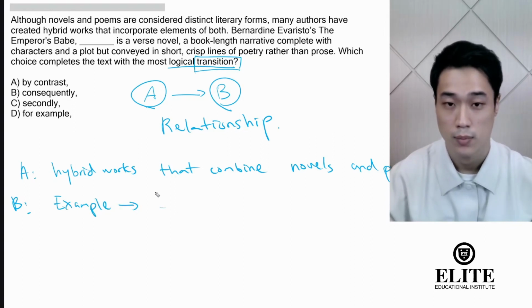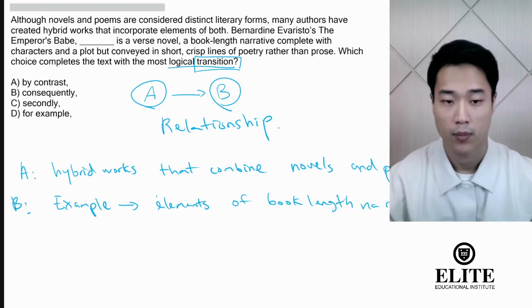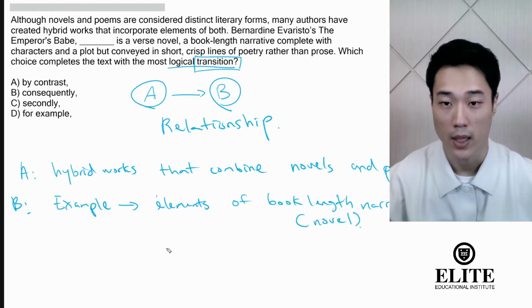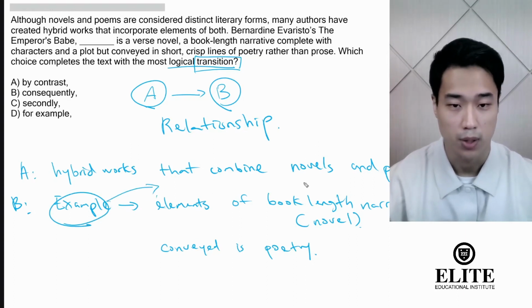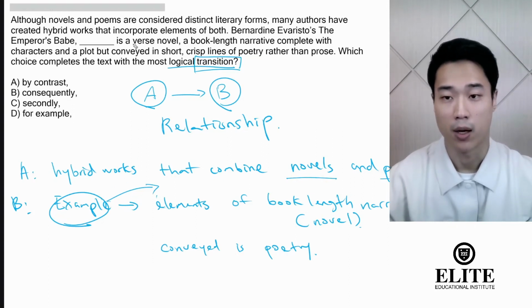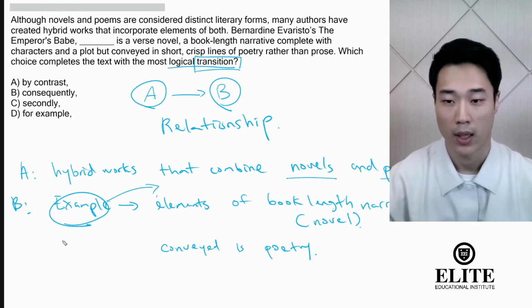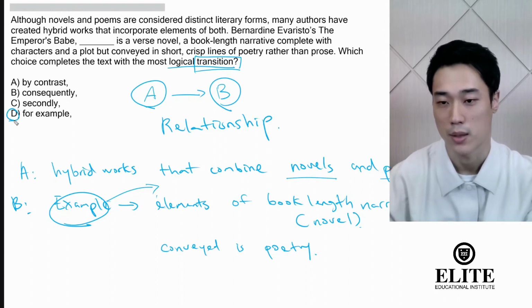This example has elements of a book, a book-length narrative, which suggests novel. But the way it's conveyed is poetic. So this example clearly has both elements, novels and poems, and it supports the claim that many authors have created hybrid works. And so it is an example that supports the previous claim, which makes this answer D.